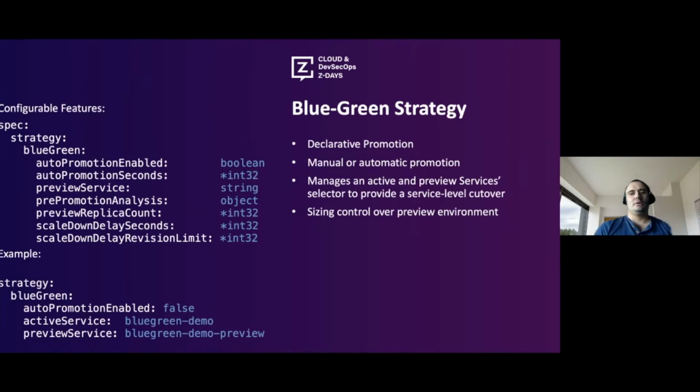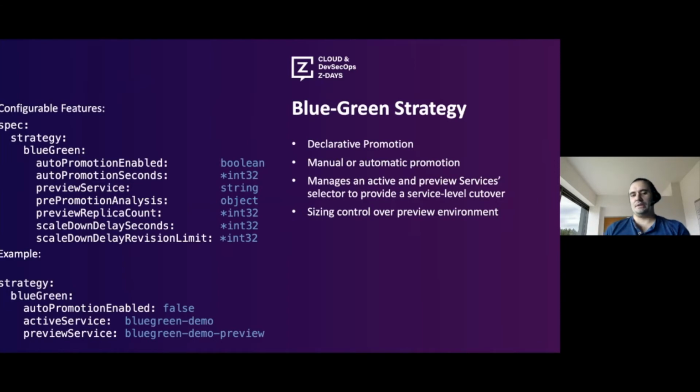And Argo Rollouts supports this feature. You could spin up the new version and switch traffic only with approval or promotion. But for a test or dev environment, you could set auto promotion enabled. It will switch traffic automatically.